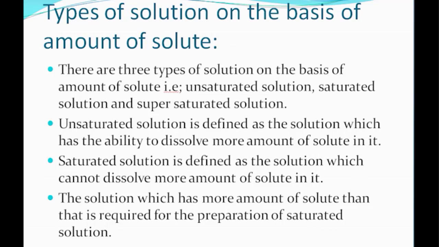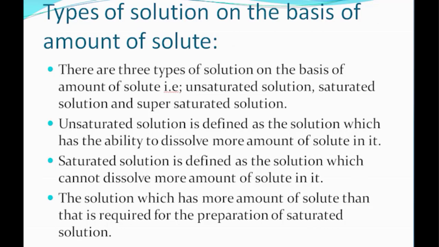To explain this, take an example of sugar solution. Take 1 glass of water and add 1 tablespoon of sugar in it. Stir it well. What will happen? Sugar will dissolve. Do you think it has the ability to dissolve more amount of solute in it?